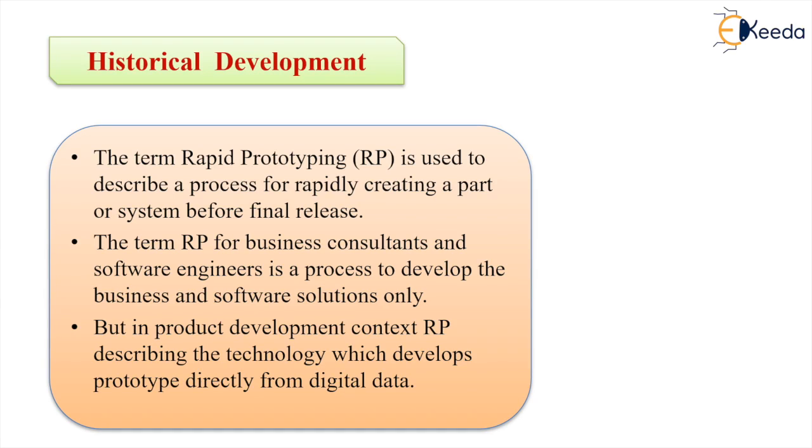But as far as the management consultants and software engineers, the term rapid prototyping is a process of developing business and software solution only. But in the product development context, the term rapid prototyping is used widely to describe the technology which develops the prototype directly from the digital data.